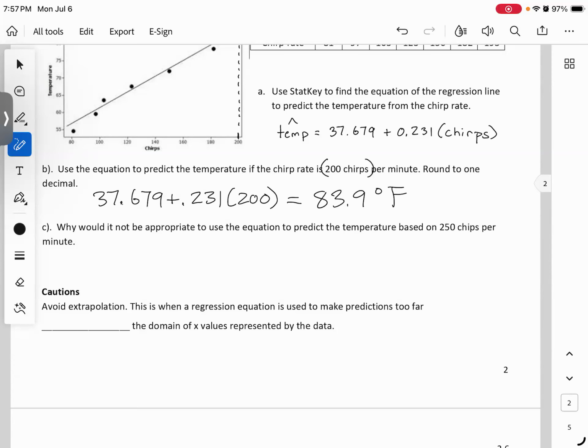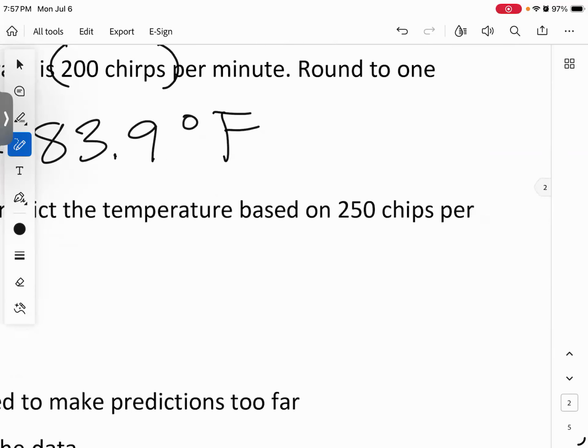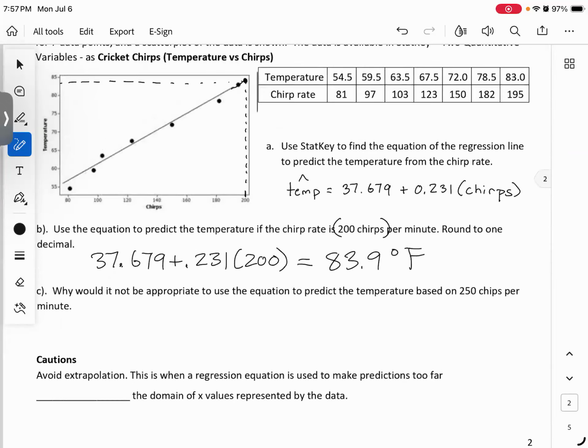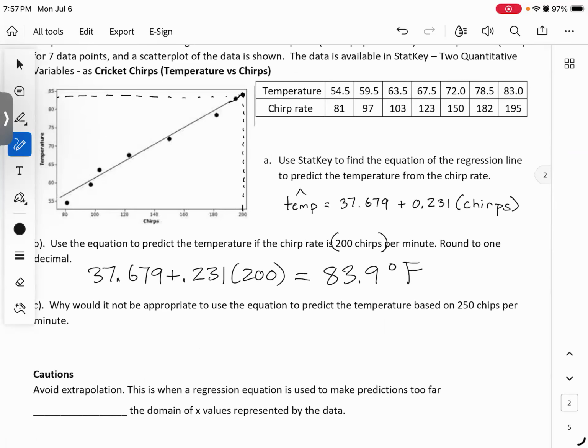Now, the last little part here says, why would it not be appropriate to maybe do 250 chirps? And a short answer would be, well, the data only went up to 200. Maybe it's a limitation of these crickets. Maybe that's as fast as they could possibly go. Maybe it's not possible for them to do 210, 220, 230, 240, or something as crazy as 250.